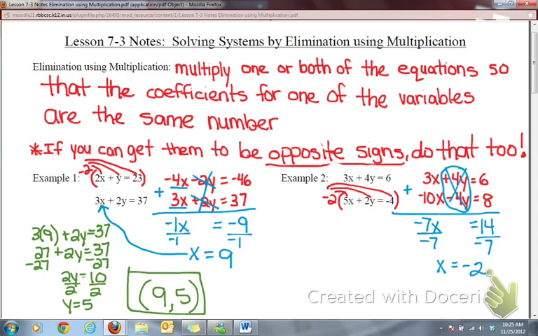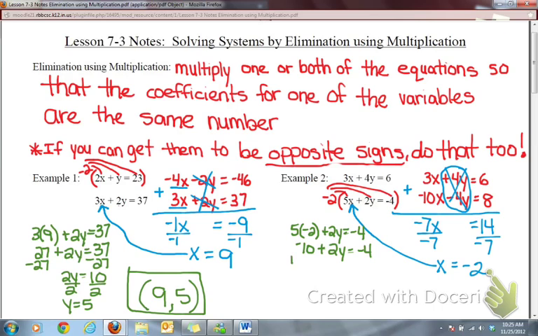And then just take that x and plug it in to any of the original equations. I'm going to plug it into this bottom one right here before I multiplied it. I'm going to plug that in for x, -2. So 5 times -2 plus 2y equals -4. That's -10 plus 2y equals -4.